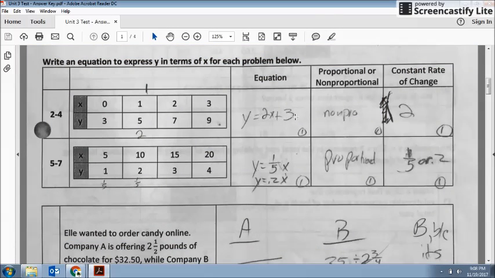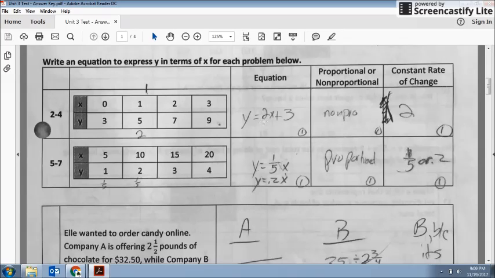And so that means it must be y equals mx plus b. So what we do now is we look for a pattern in the independent and the dependent variables. The pattern on the top is it increases by 1, and on the bottom, for y, it increases by 2. So we're going to do the pattern for y divided by the pattern for x.